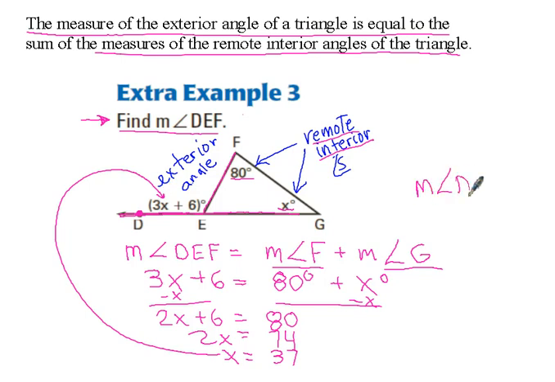Measure angle DEF equals 3x plus 6. So into here is where we'll substitute our value of 37. So I have measure angle DEF is 3 times 37 plus 6. And if I multiply that up, I get 111 plus 6. So the measure of angle DEF is 117 degrees.